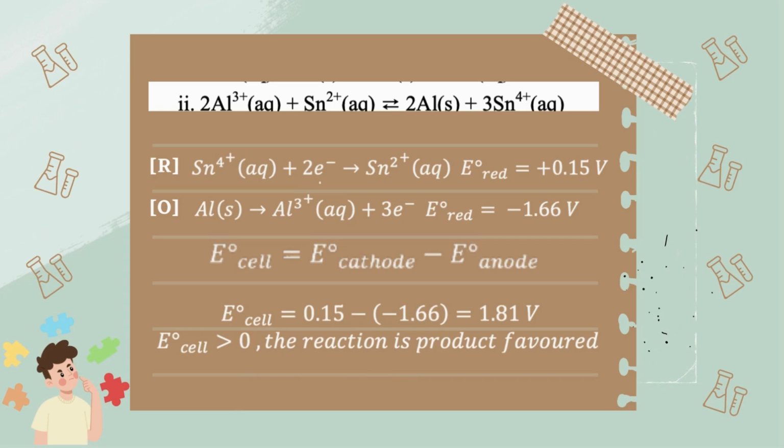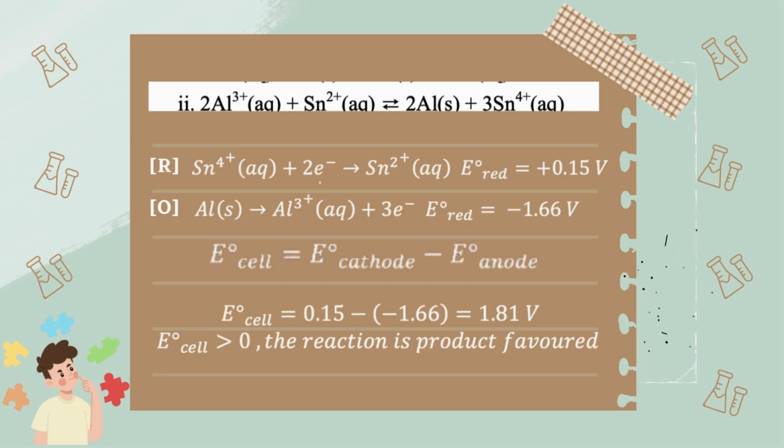So we have 2 aluminium 3+ and 3 tin 2+ forming 2 aluminium and 3 tin 4+. First of all, we need to identify the half reactions and their potentials.